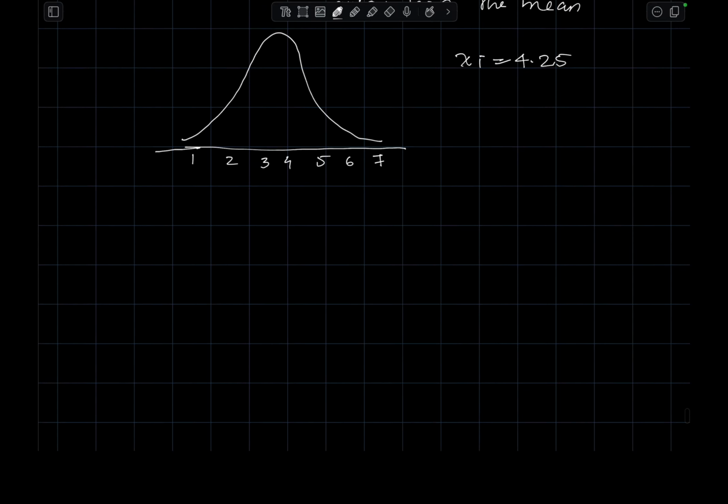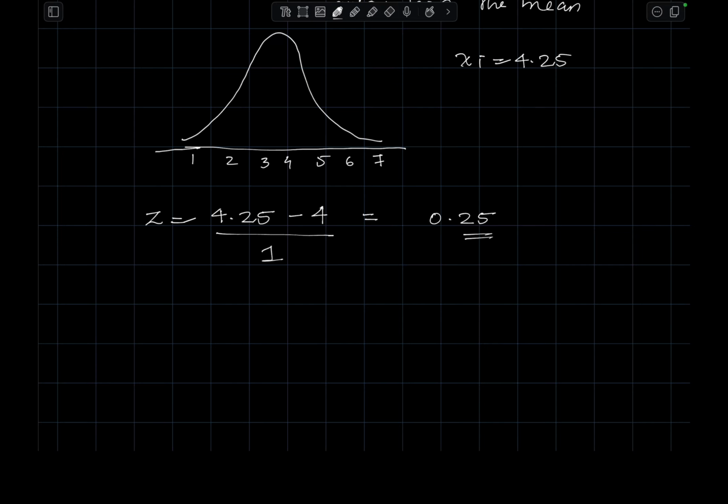Here in this case, if we do the Z score, it will be 4.25 minus 4 divided by 1. Here the mean is, in this particular case, 4 and the standard deviation is 1, and the answer is 0.25. So the answer is 4.25 is 0.25 standard deviations away from the mean. So this is how we should interpret the standard normal distribution when we are asked these types of questions.